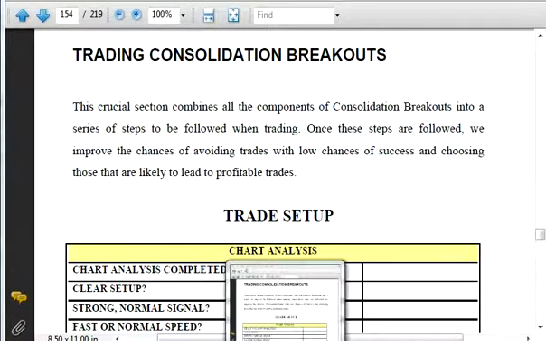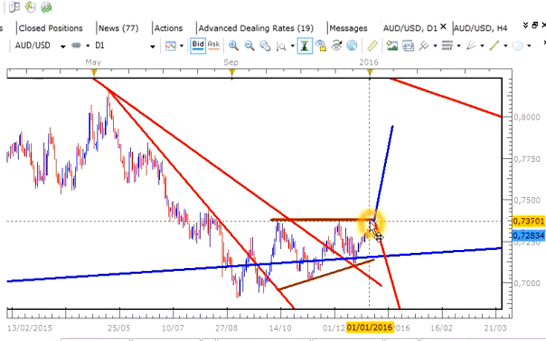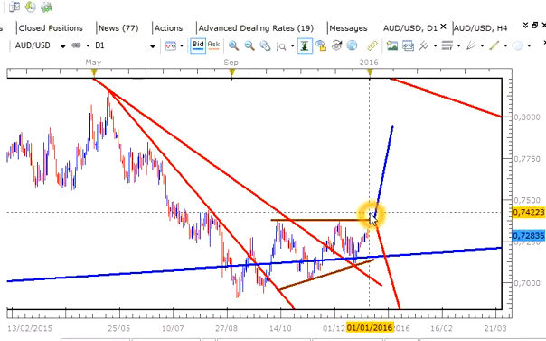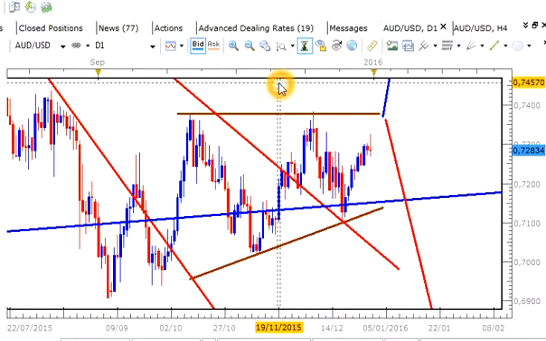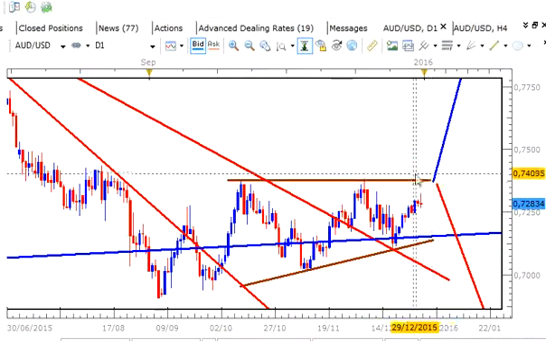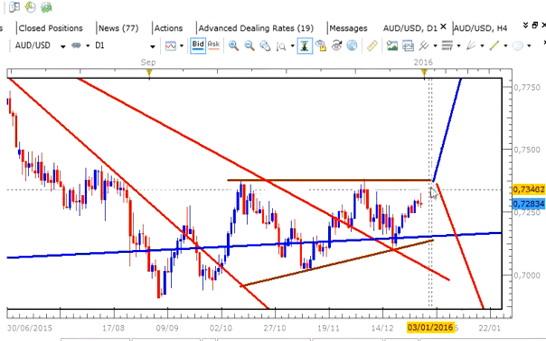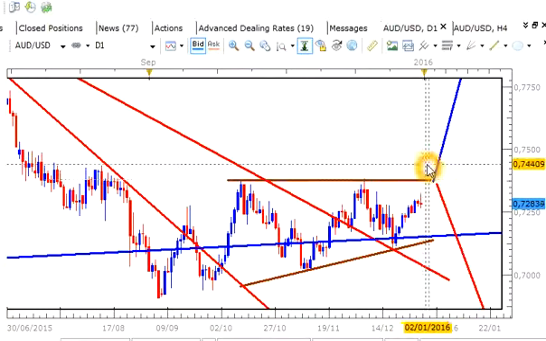Now, when it comes to consolidation breakouts, there are times when the market will provide us with a good signal, and once the candle is strong enough above the boundary, we can trade it. However, there are times, depending on the type of consolidation that we're trading, where it is better to wait for the market to provide us with another setup followed by a signal to trade the breakout instead of a single candle.